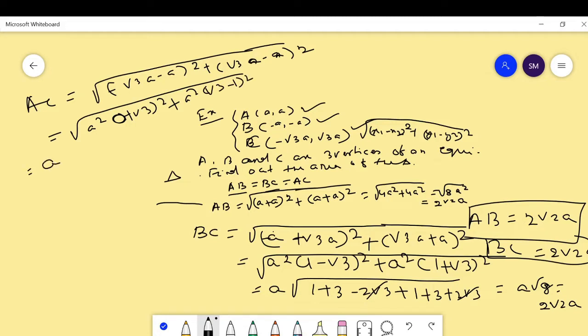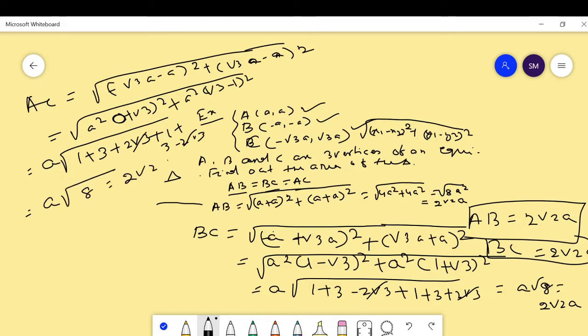Taking a common, this is also 1 plus 3 plus 2 root 3 plus 1 plus 3 minus 2 root 3. The root 3 terms cancel. This is also a root 8, which is equal to 2 root 2 a.